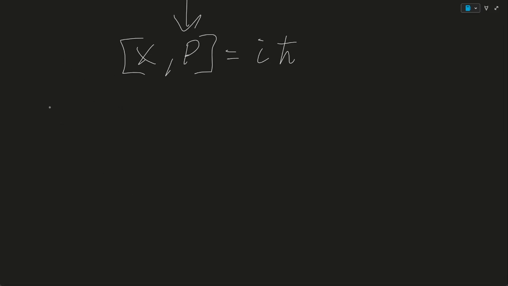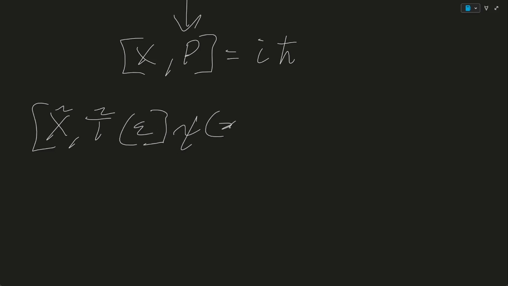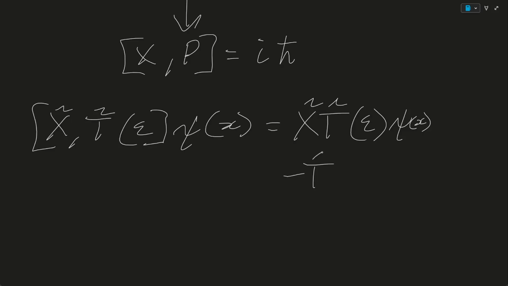So let's do x hat T epsilon times our psi of x. Well, judging based on what we did before, we know that this is then T epsilon x hat psi of x minus T hat epsilon x hat psi of x, nice and simple.